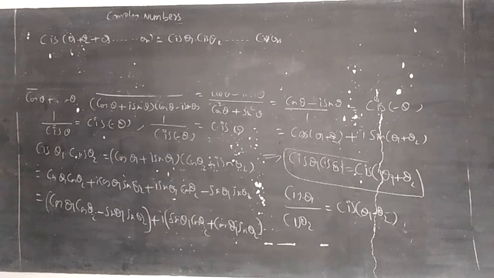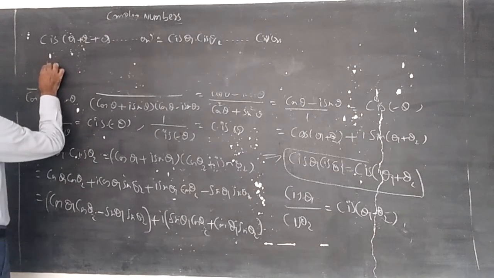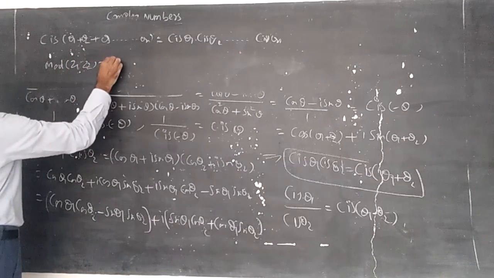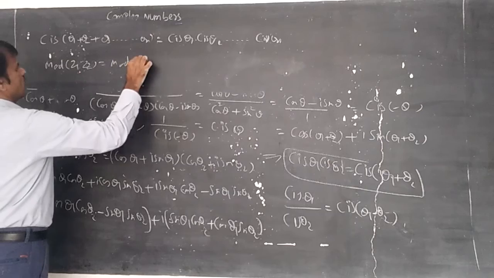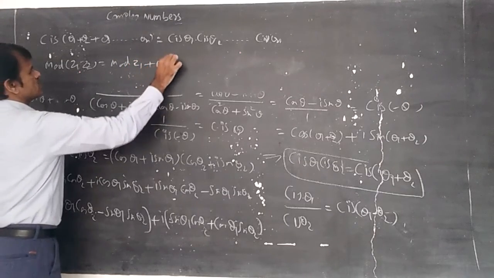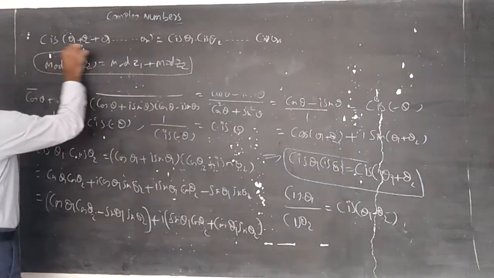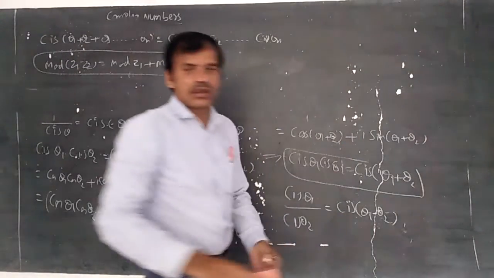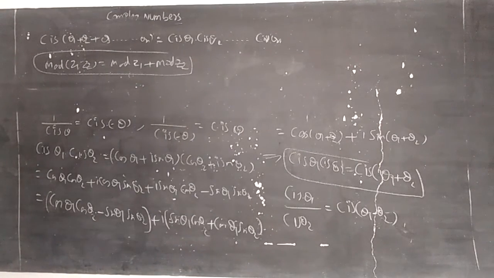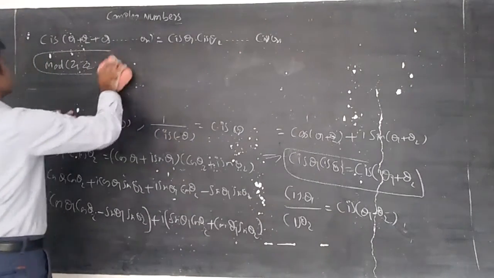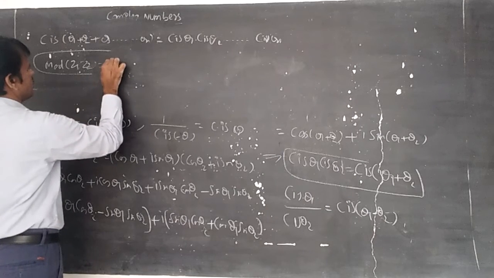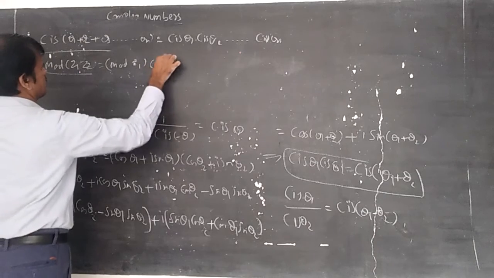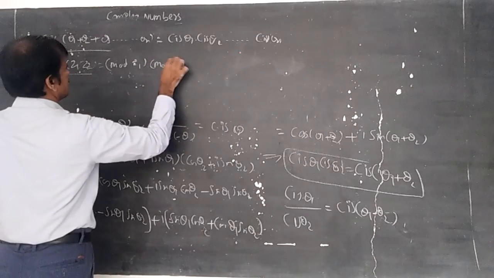Now the last formula for modulus: mod of z1 dot z2 is equal to mod z1 into mod z2. Of course, this is the concept of cis only, the cis theta 1 theta 2 concept. Modulus of, not plus, students, mod z1 into mod z2, whenever it is into, then only you can get this.